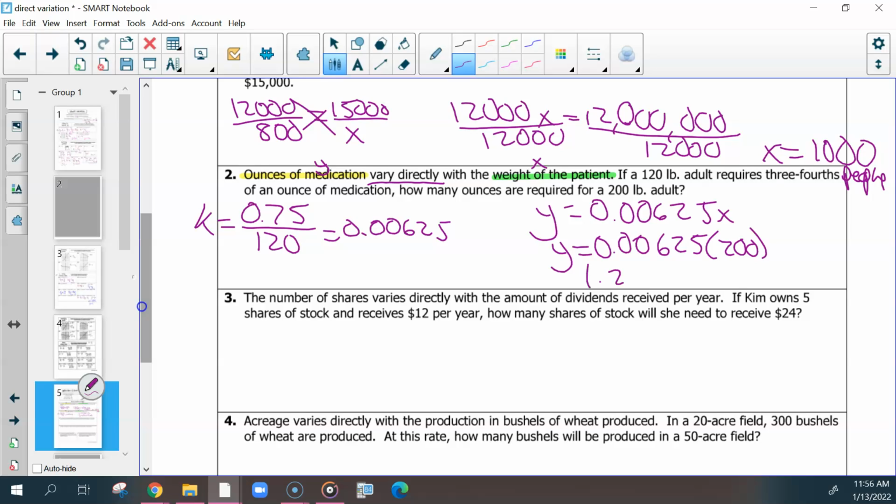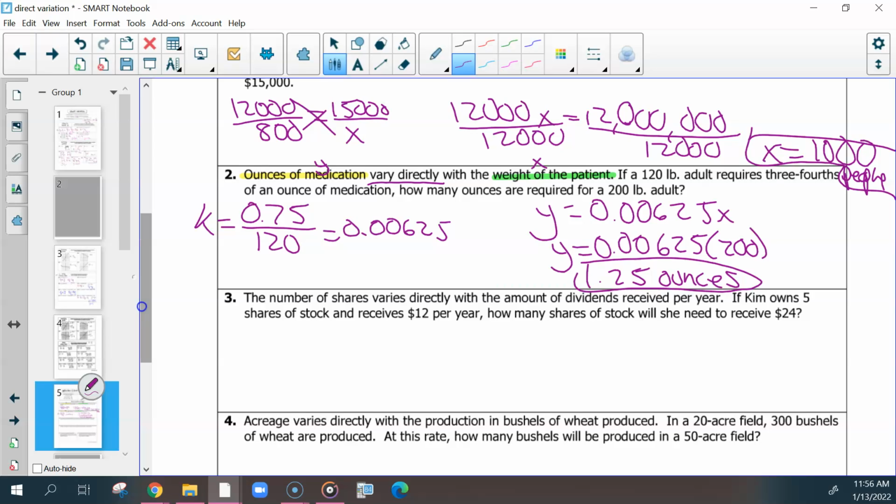And 1.25 what? Ounces. So we're still using the same processes, but now there's just more words.